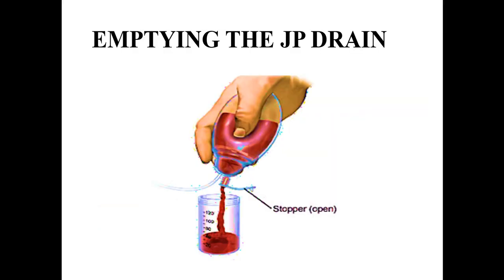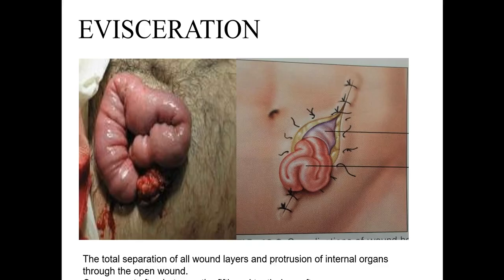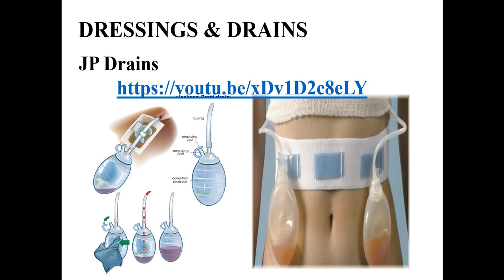A Hemovac drain is a draining device. It's like a Jackson Pratt. It has a larger capacity to collect fluids. It can collect more fluids, but it's like the Jackson Pratt. Okay, it creates a suction that can pull drainage out of the wound.